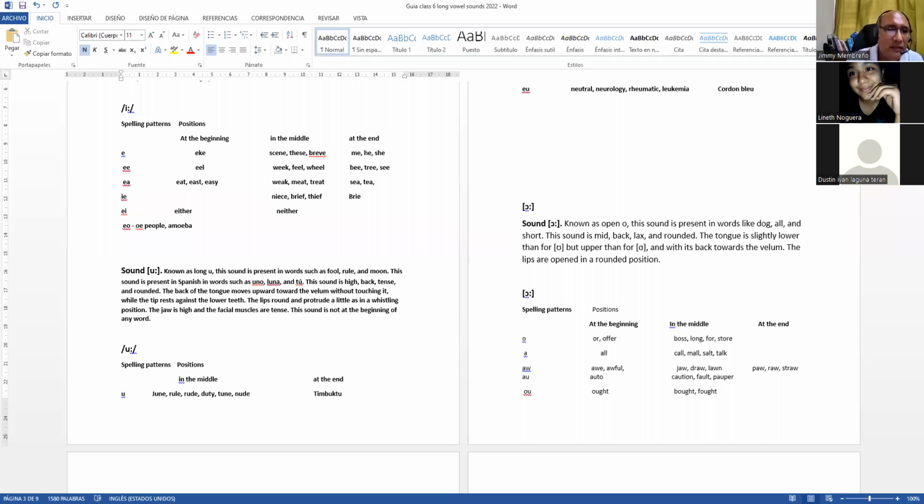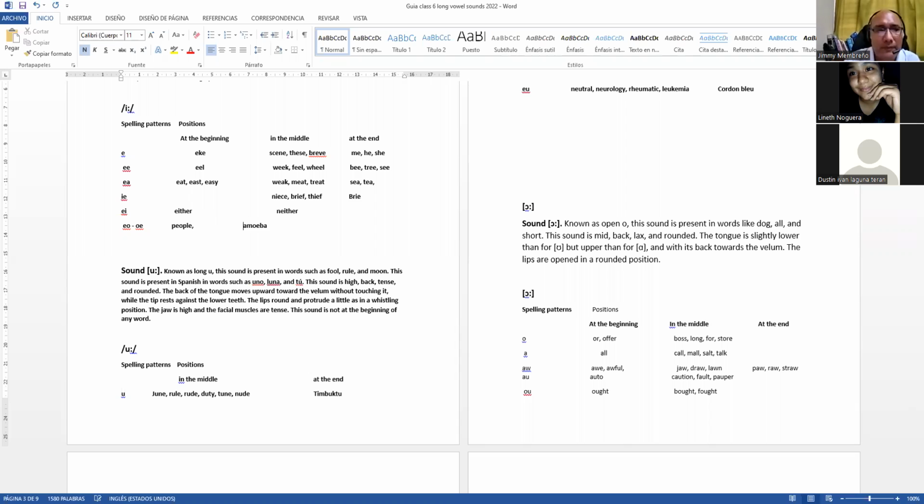Okay, and then we have two spelling patterns that are also pronounced with the long E sound, and we have the combination of letters E, O and O, E. Okay, for example, when we say people, people.